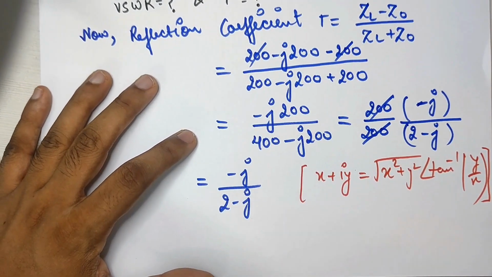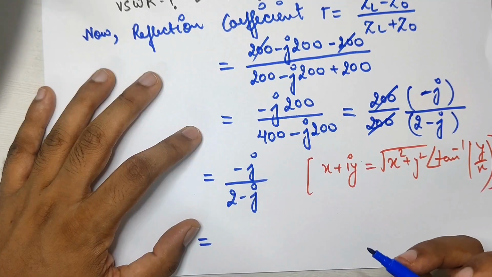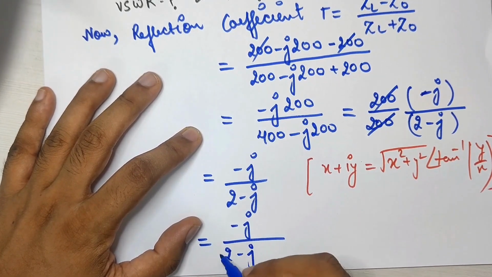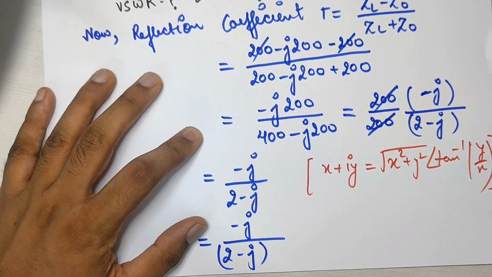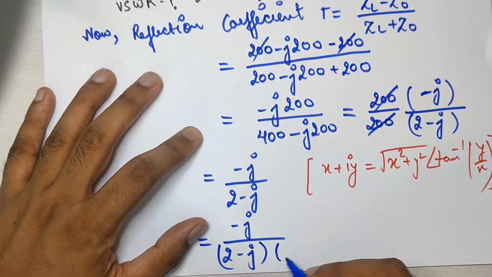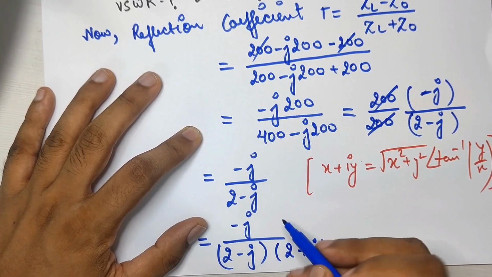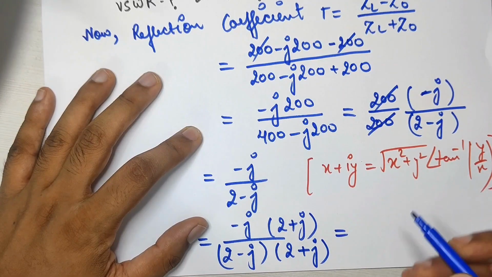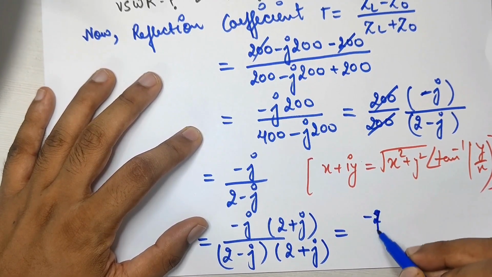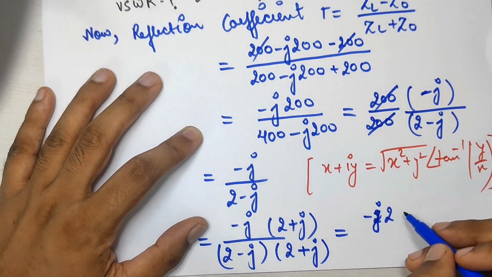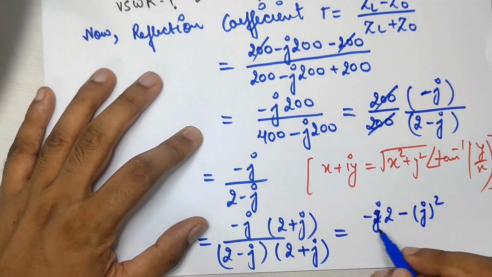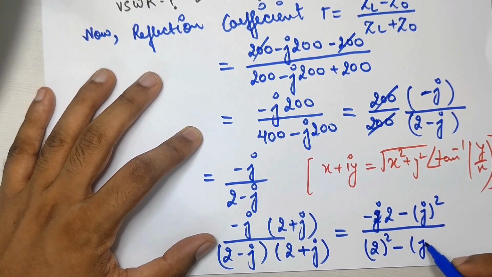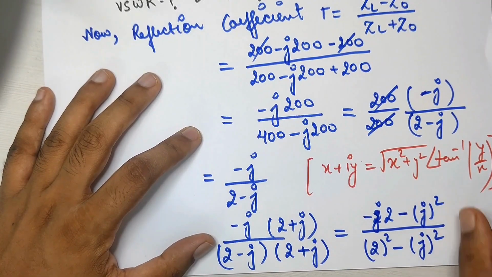So in order to do this, we will multiply by the complex conjugate of the denominator, 2 plus j, in both numerator and denominator. This will be minus j2 minus j square, upon 2 square minus j square.